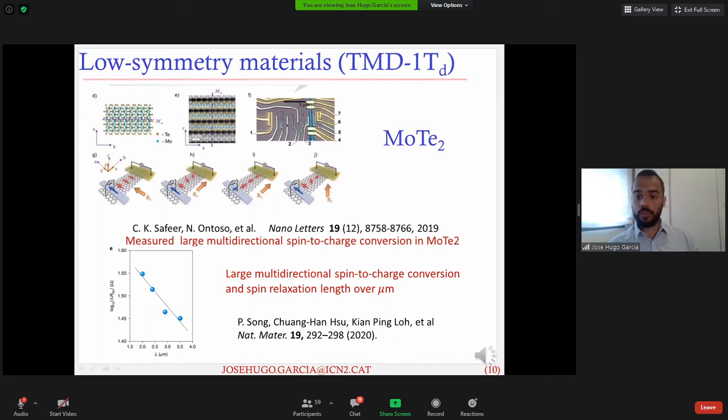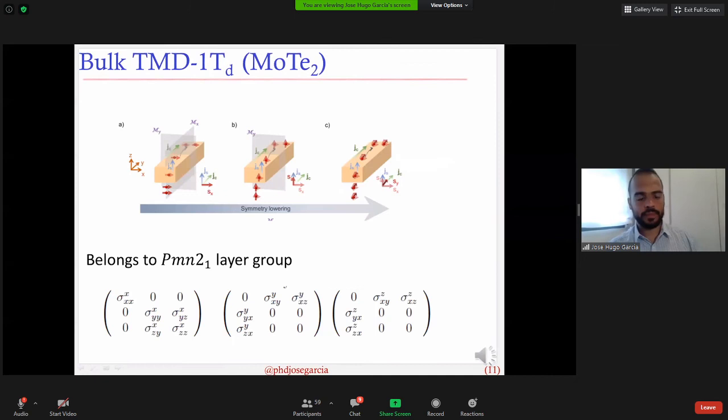So this was very surprising, since it's not usual that you have both large spin-to-charge conversion and long spin relaxation lengths. So I'm going to take advantage of this nice figure from the paper of Felix to explain why these materials are interesting.